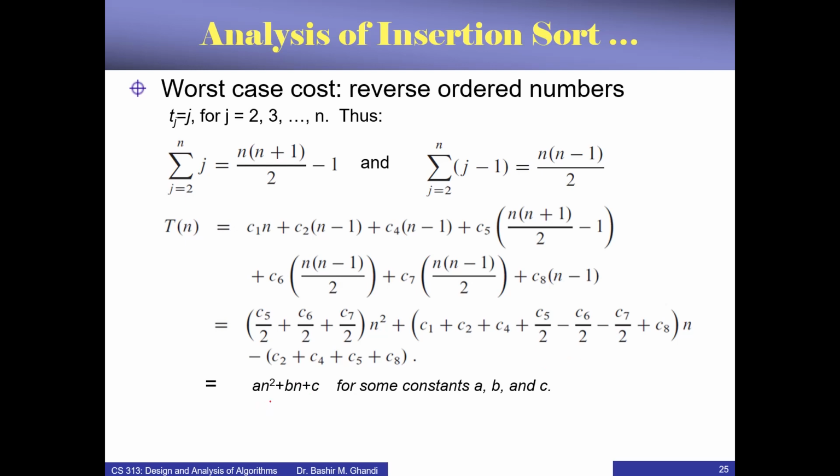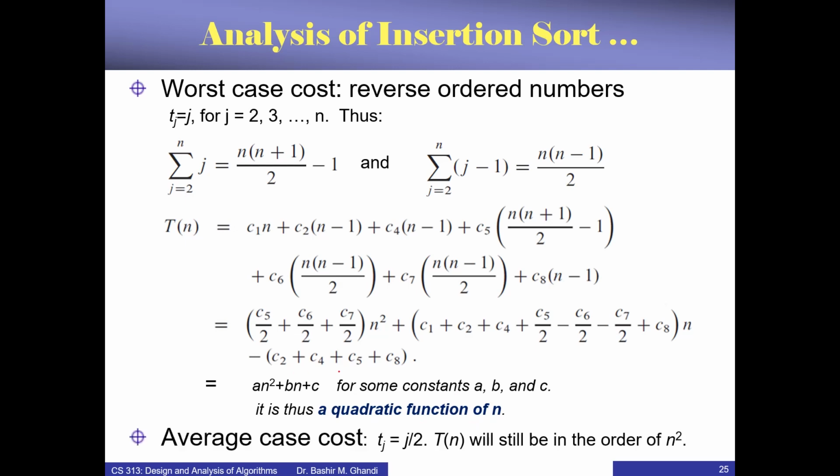So what does this tell us? It tells us therefore that the worst case of insertion sort is actually a quadratic function of n, not a linear function. Best case, linear function, but the worst case will give us a quadratic function. We can also talk about average case.